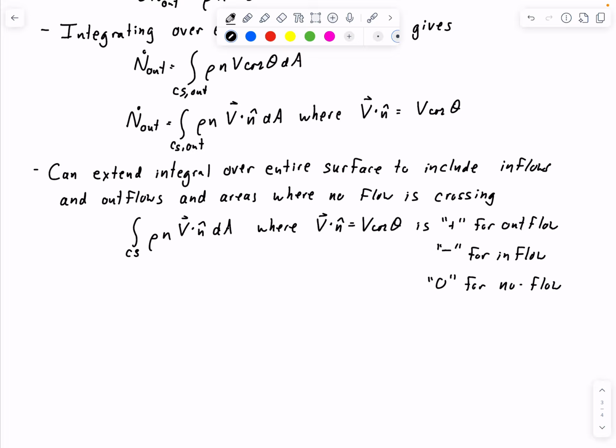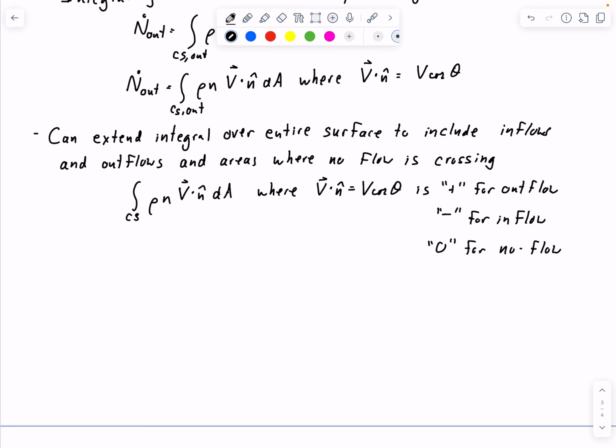And so rewriting everything together for this final version of the Reynolds Transport Theorem, we have the derivative of this extensive property of the system is equal to del by del t of the integral over the control volume of rho eta dV plus the integral over the control surface of rho eta V dot n hat dA.